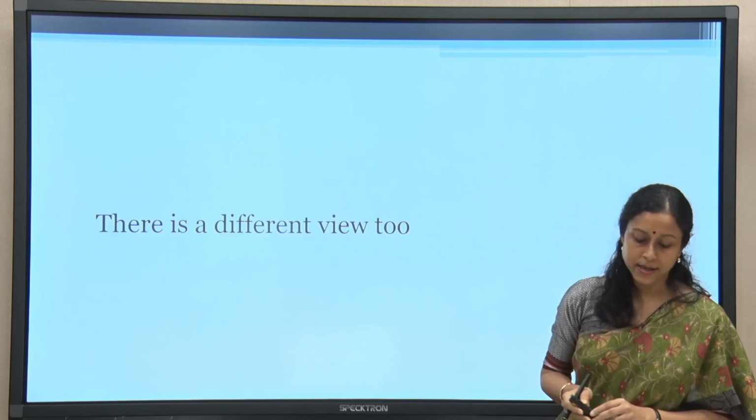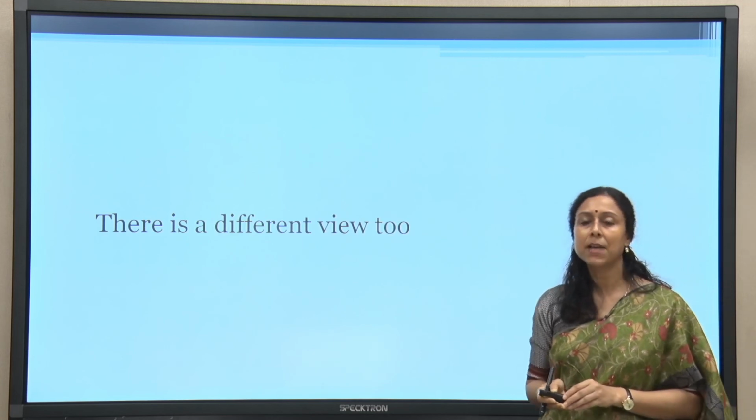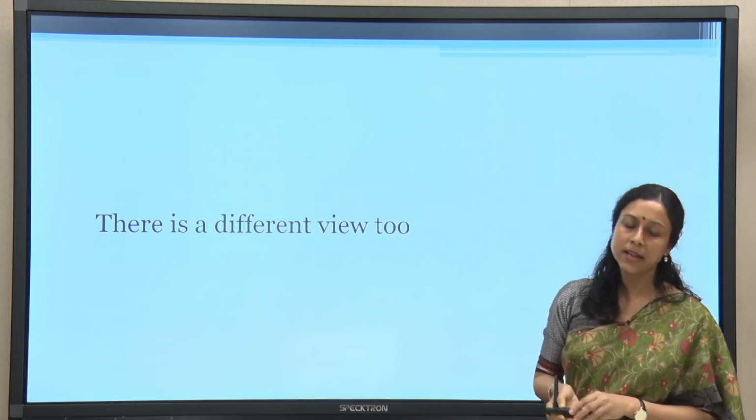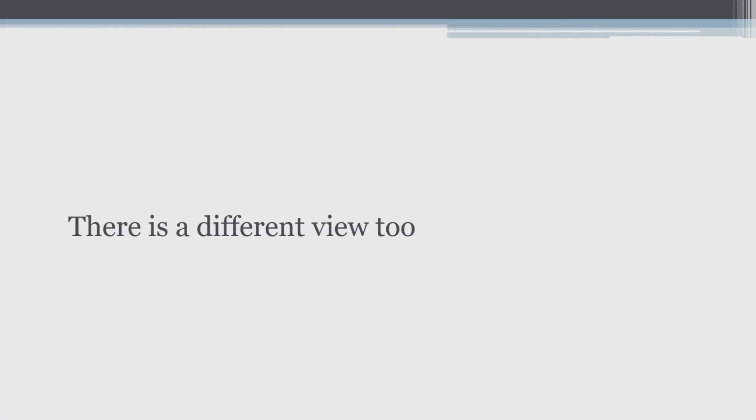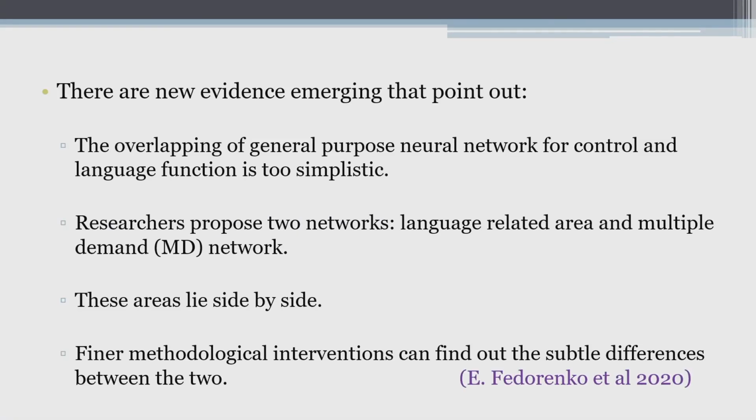This is the finding. However, this claim has become rather controversial recently, and there is a different view of this entire story. This view has been proposed by Evelina Fedorenko and her group, and there are also some other groups who are now working on the finer nuances.